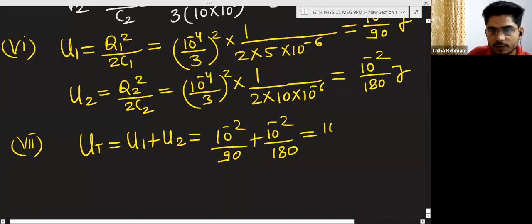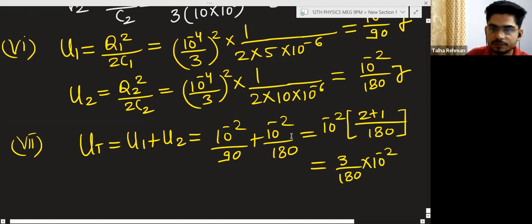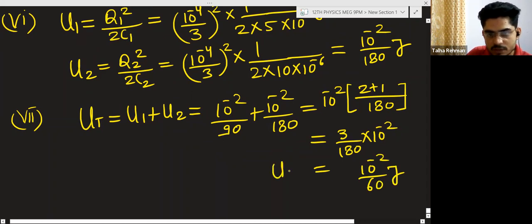Here 10 to the power minus 2 is common, and 180 is the LCM. So you get 3 by 180, which cancels out to 10 to the power minus 2 divided by 60. This is your total energy.